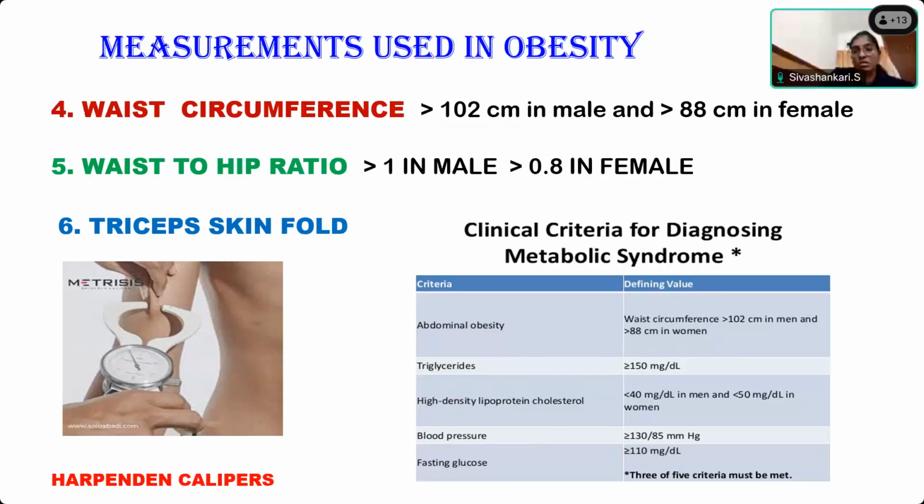Good cholesterol. It should be less than 40. And blood pressure more than 130/85 or hypertension. Fasting glucose more than 110. Out of these 5 things, even if 3 are present, that will qualify to say that patient has a metabolic syndrome. So in the exam, you have to look out for all these things.